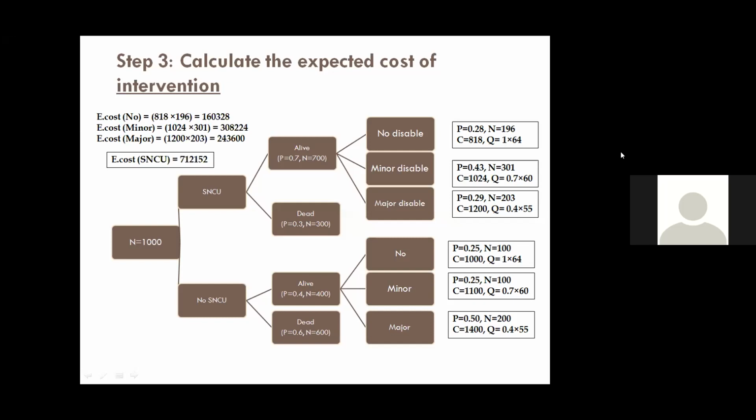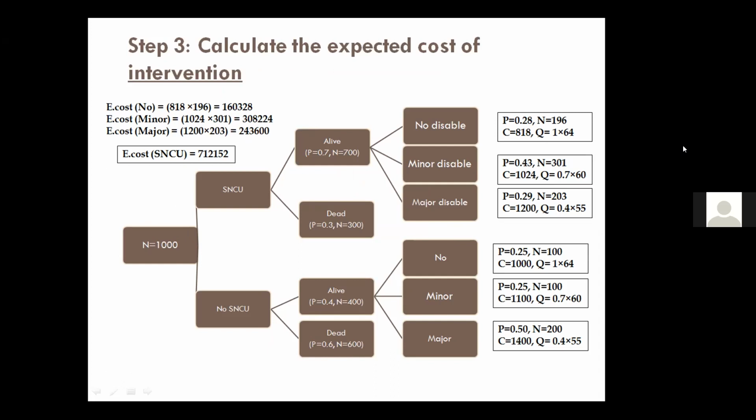So you multiply 196 with 818 and you get 160328. By the same argument, you get 301 multiplied by 1024 and finally 203 multiplied by 1200. And then here the cost is 712152. This is the cost part completed.